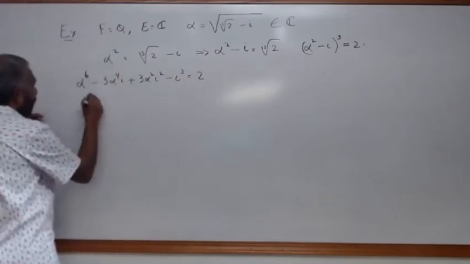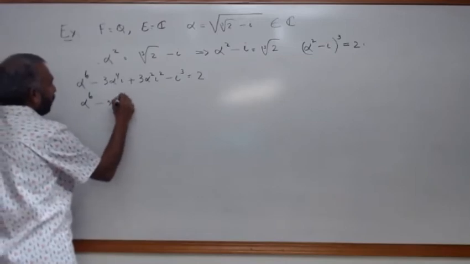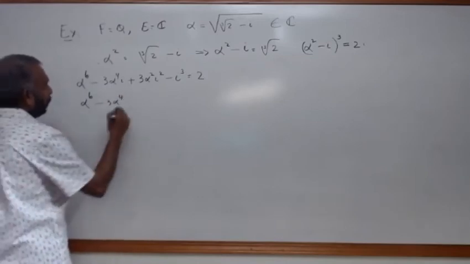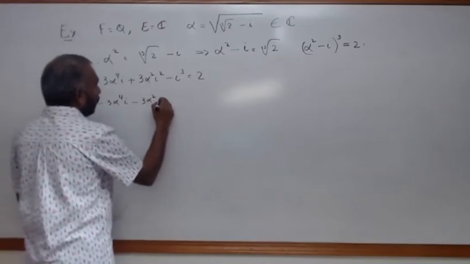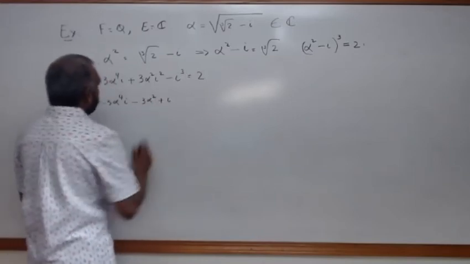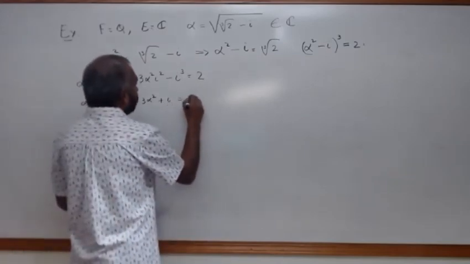So this is alpha to the power of 6 minus 3 alpha to the power of 4 I minus 3 alpha square plus I is equal to 2.